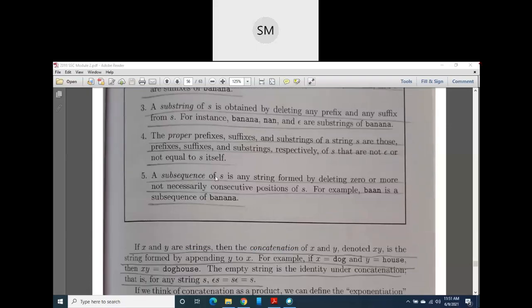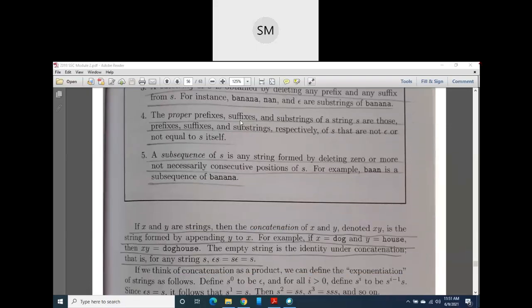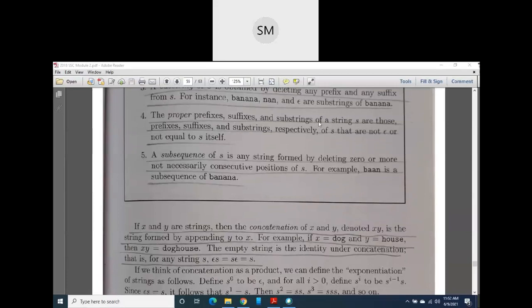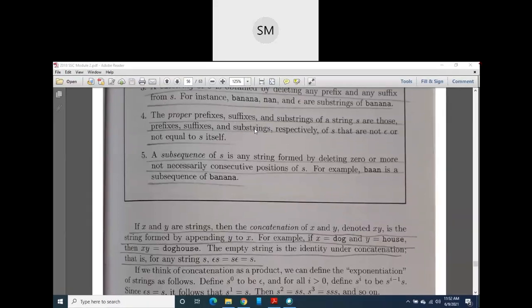Okay. Next, proper prefixes. Proper prefix, proper suffix, and proper substring are nothing but prefixes, suffixes and substrings only. But why are they called proper? Because they are not equal to epsilon, the empty string, and not equal to our original string banana.